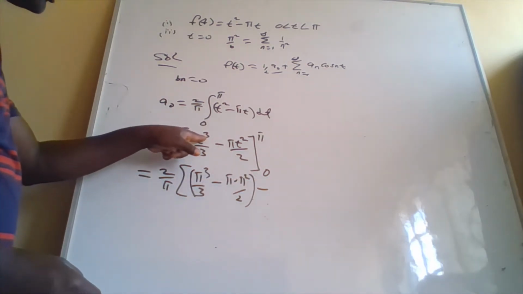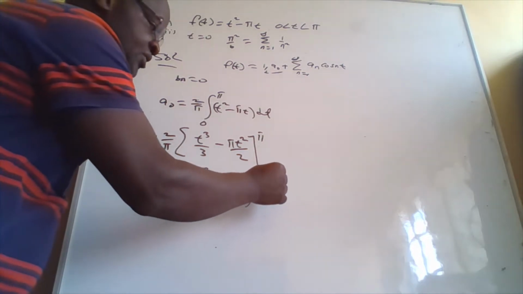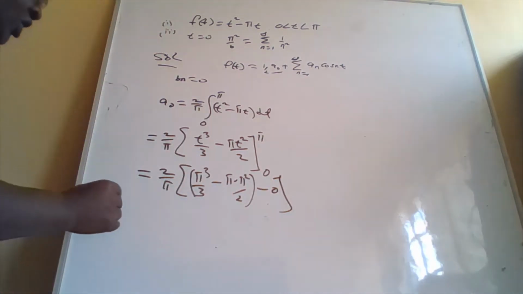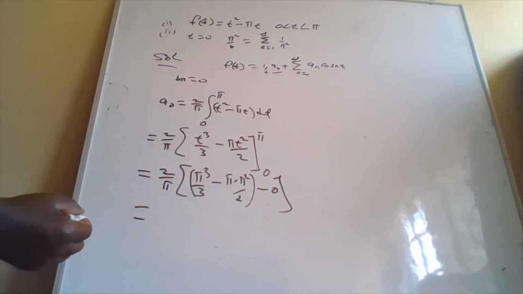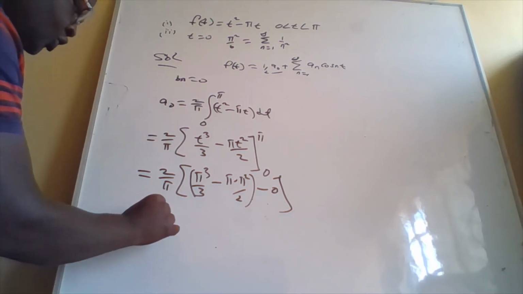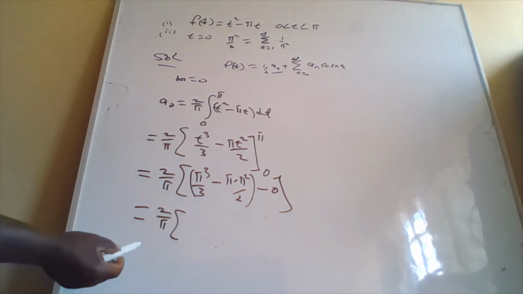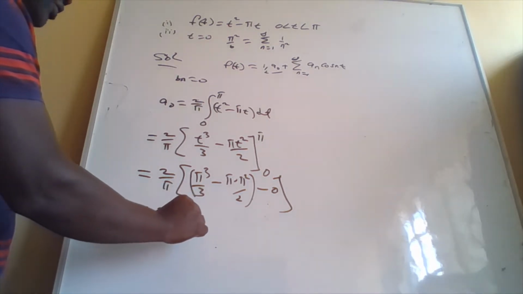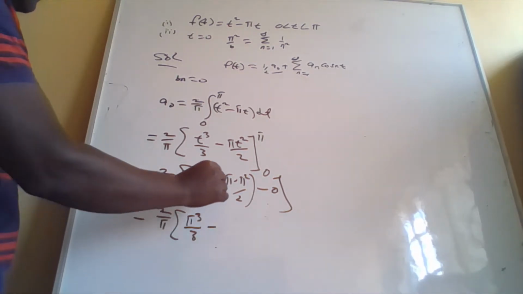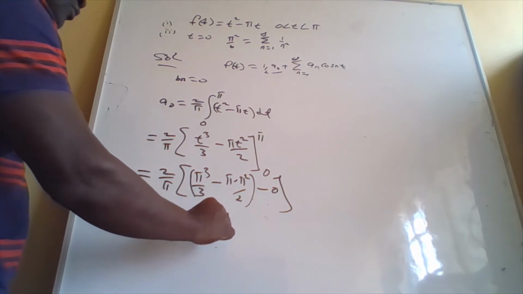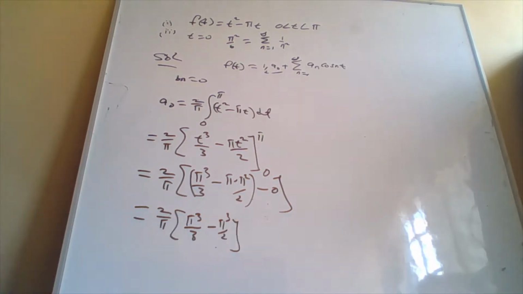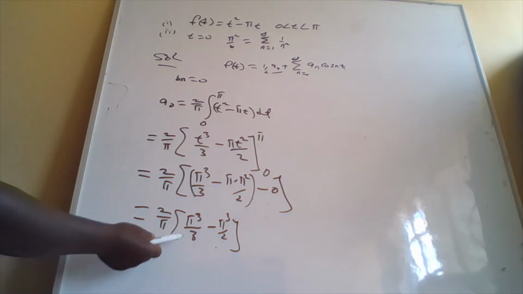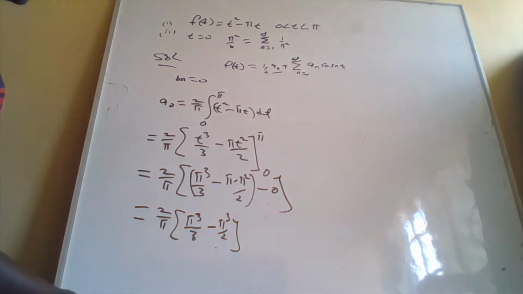You can see when you put 0, everything will be 0 there. So this equals 2 over pi into pi cubed over 3 minus pi cubed over 2.